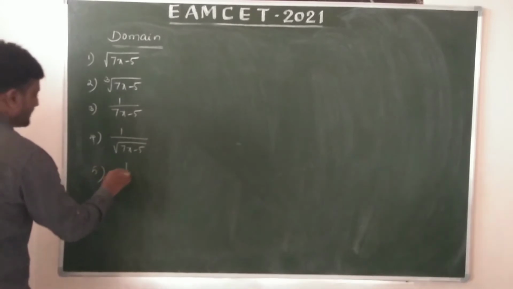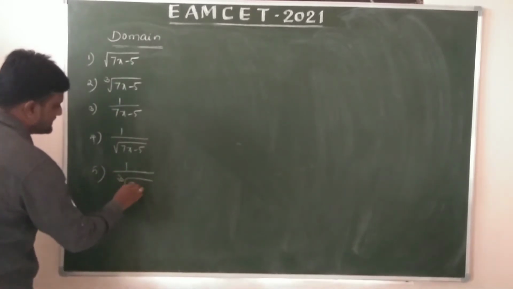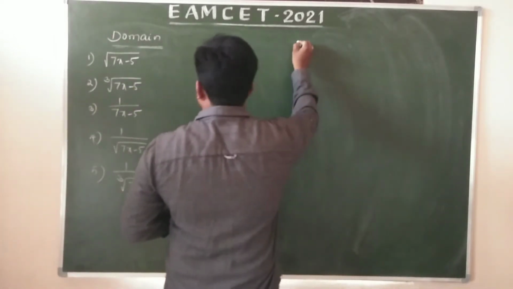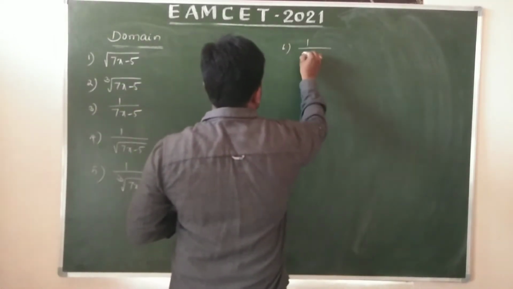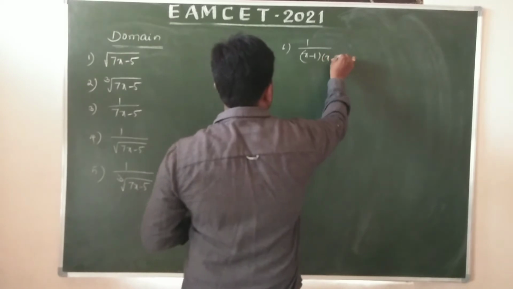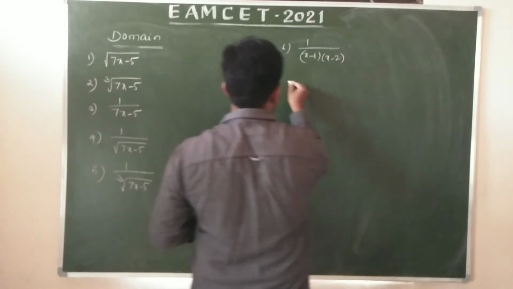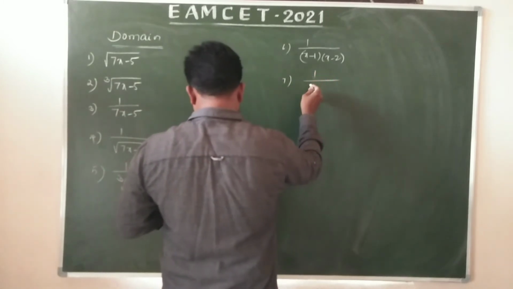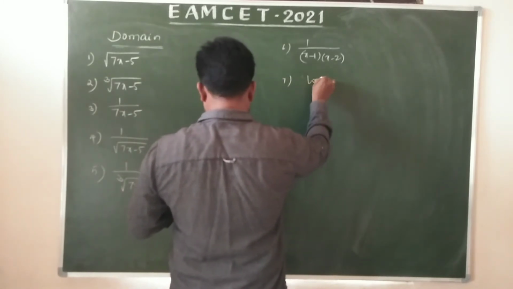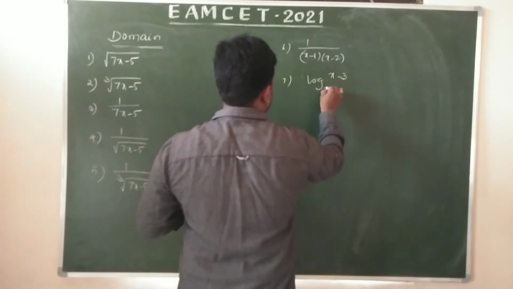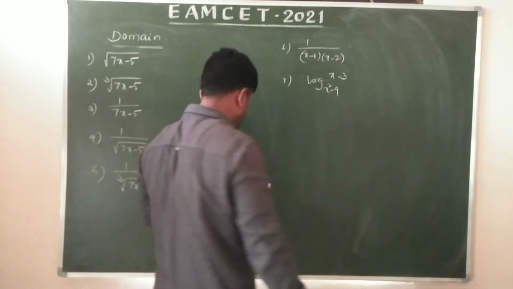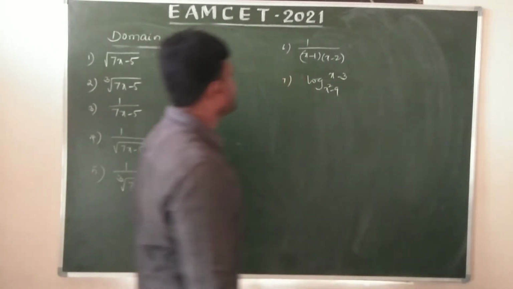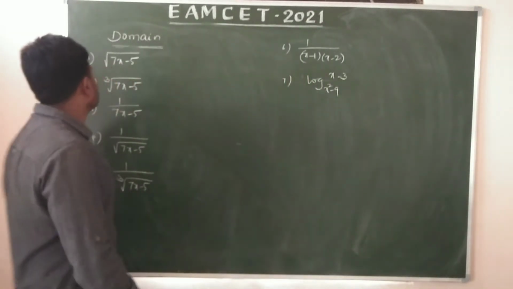Fifth, 1 by cube root of 7x minus 5. Also 1 by x minus 1 and x minus 2, and 1 by log of x minus 3, where x square minus 9 is the base. Okay, let us go with our problems.